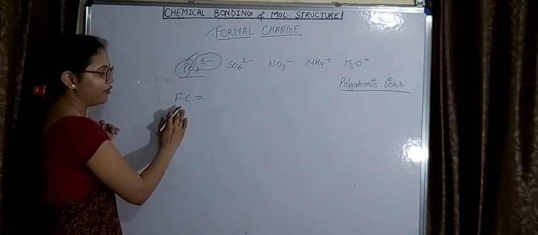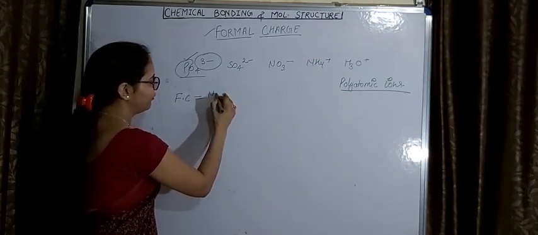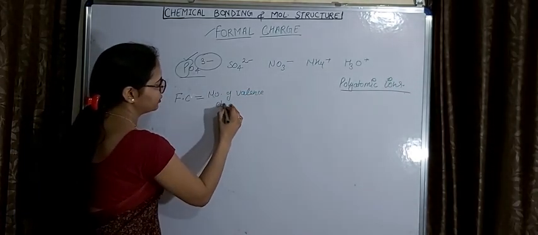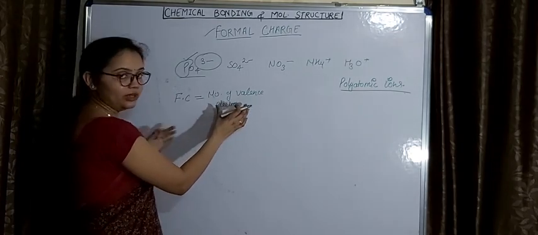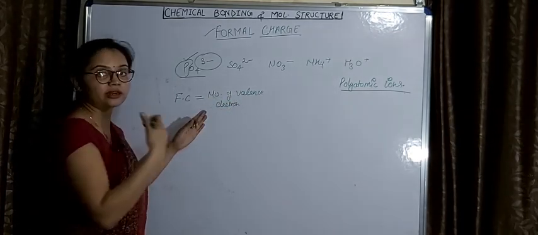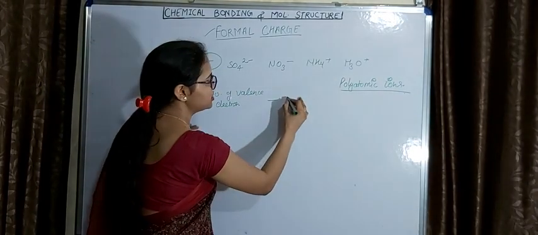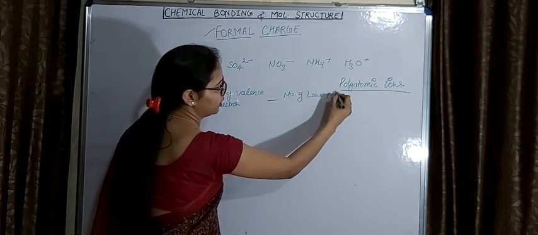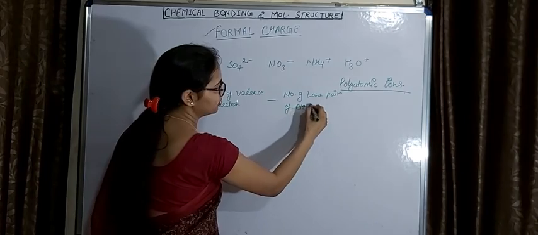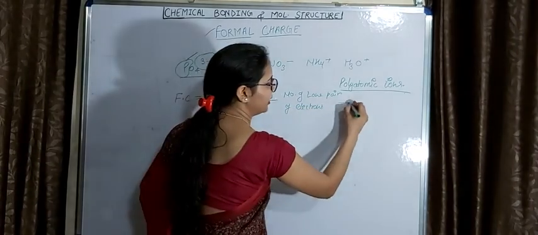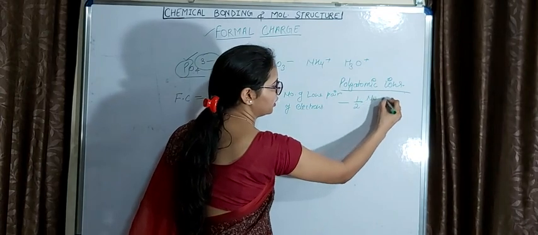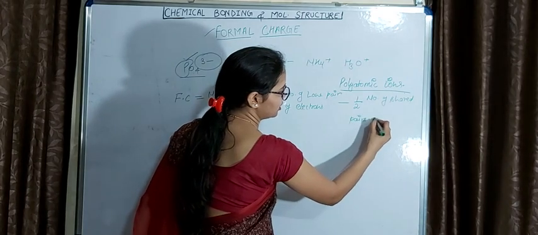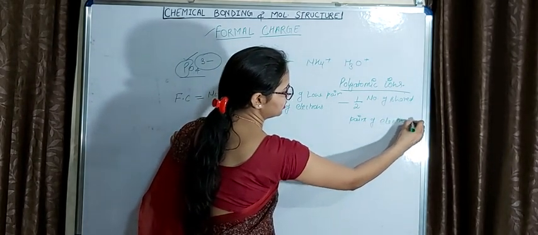Formal charge we can calculate very easily by using this formula: formal charge equals number of valence electrons, obviously of that particular atom for which we are calculating formal charge, okay, minus number of lone pair of electrons minus 1/2 number of shared pairs of electrons, okay?